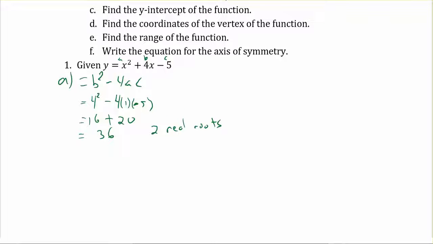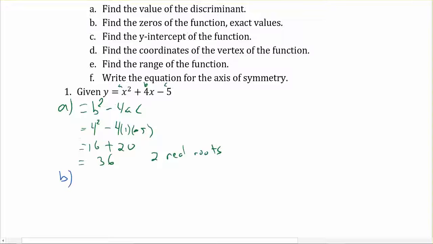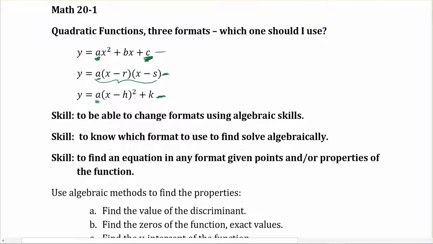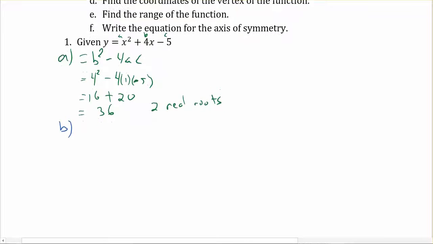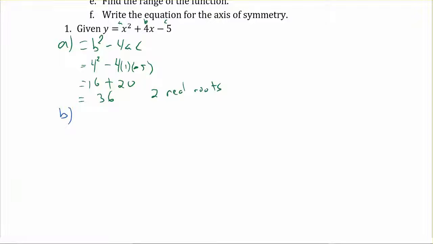Okay, B. So B is saying, find the zeros of the function, exact values. Remember I said that this factored format is going to be the best one for finding our zeros. So what that really means is we just need to factor this equation to figure out where our zeros are.